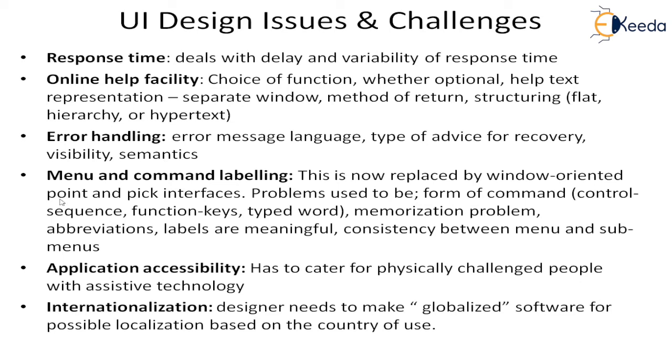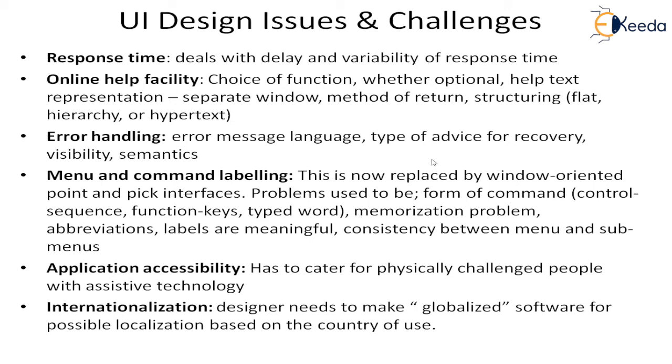Similarly, menu and command labeling, the labeling of the menu and the command. Nowadays it is placed in window-oriented point and pick interfaces. But the problem used to be with command control sequences, function keys, and typed words, and there will be a memorization problem.